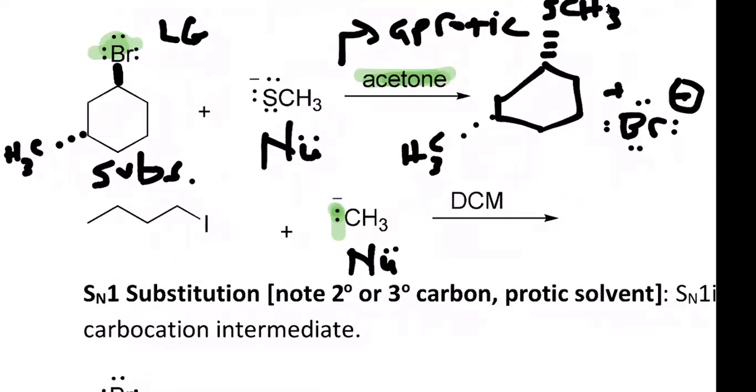And then by default, this becomes my substrate. If you ever have a question about what your leaving group is, find the most electronegative atom in the substrate. It's not going to be a carbon. It's not going to be hydrogen. It's always going to be some highly electronegative atom or a functional group with a highly electronegative atom. So if we look right here, we got an iodine.